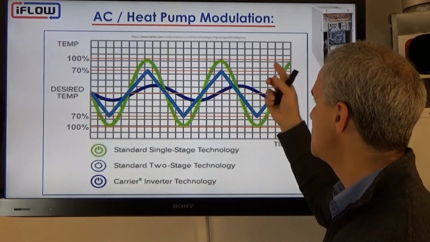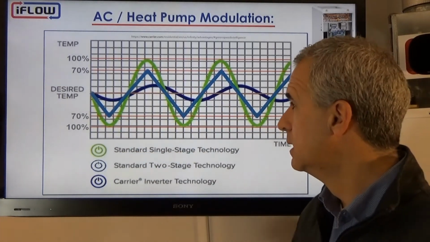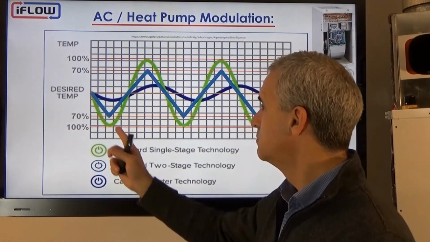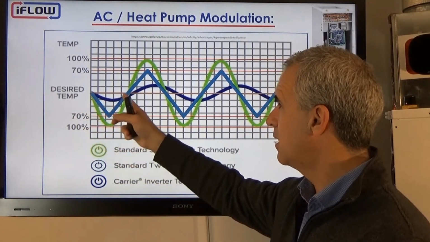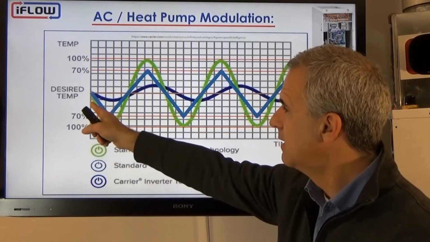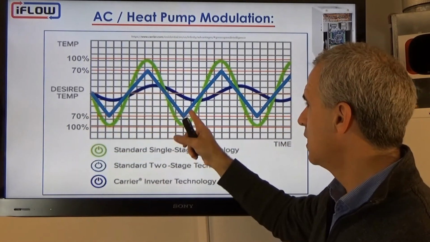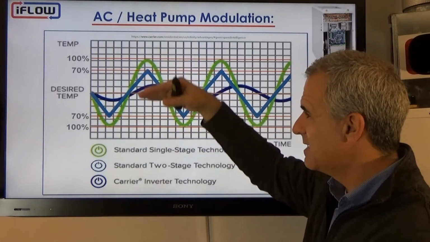So no modulation, basically on or off based on the thermostat call. With our 2-stage unit, we're going to be a little bit better. We're not going to see the temperature variation as wide because we can hit 70% rather than 100%. So we're going to come on and off and on and off at less variability.